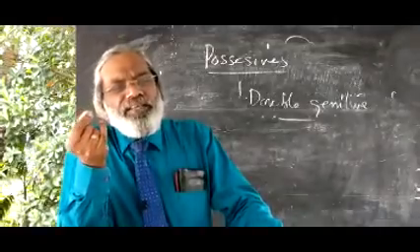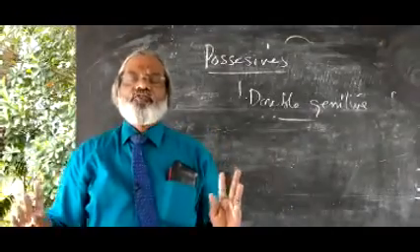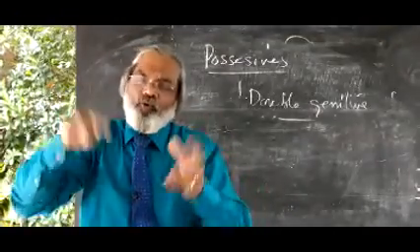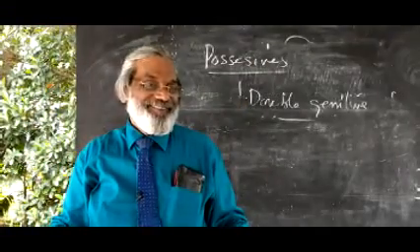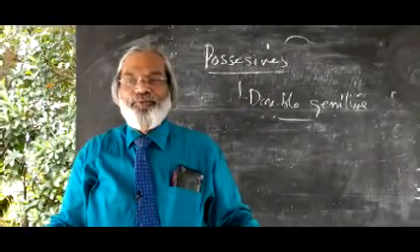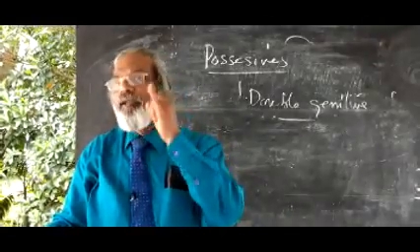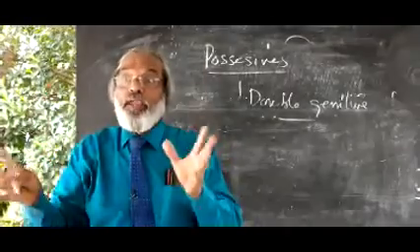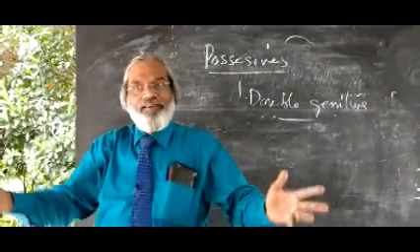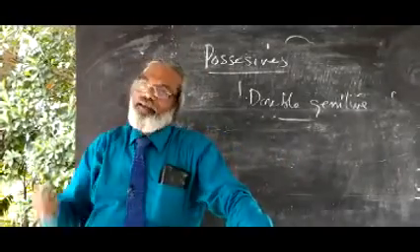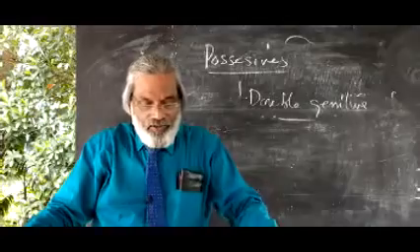Double genitive means of and S come together in a sentence. Two genitives come together in a sentence; then you can simply say that is called a double genitive.